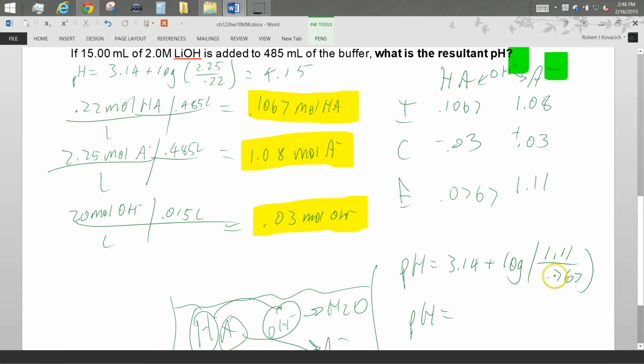Yeah, totally my bad. That's a 0 right there. I'm like, wait, this number totally doesn't make any sense. I put a 0 in there. There we go. So my pH after this addition is 4.30.